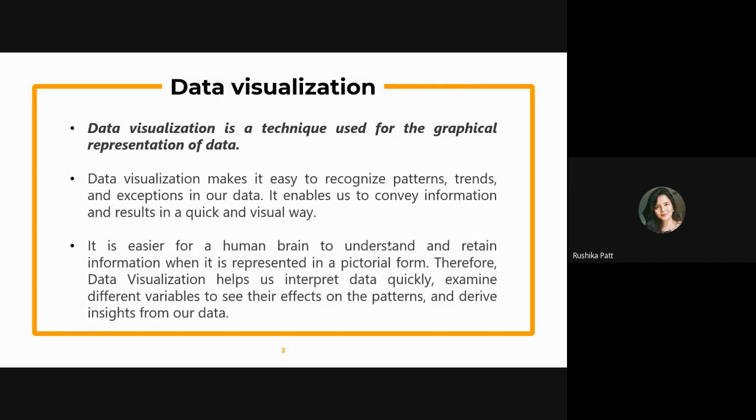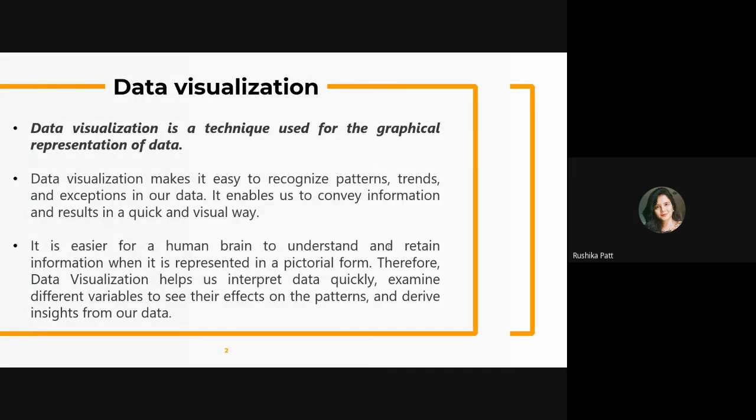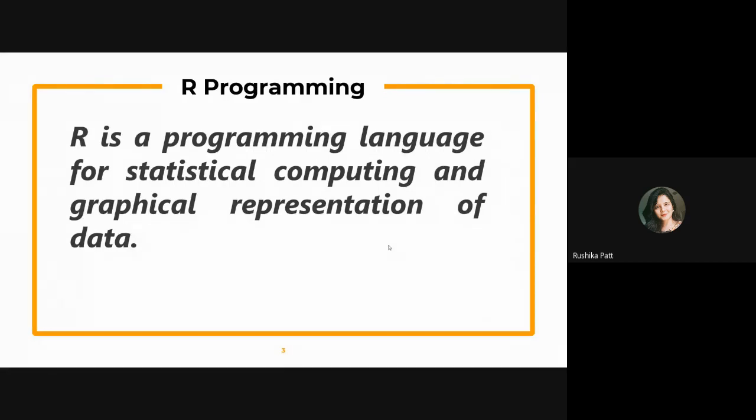So the second terminology is R programming. Many of you might not be aware of R programming. Many of you might be aware that it is one kind of programming language, but I want to tell those people that you might have heard about C programming, PHP, Java, Android, which are the programming languages basically used to develop a website, to design a website, to make it more interactive, to make it faster. But among many languages, one of the best is R programming, which is used to represent statistical data.